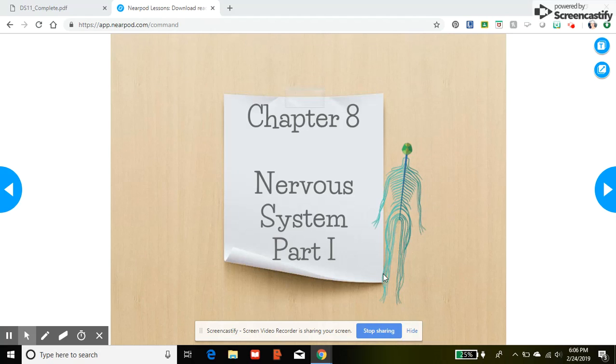Chapters 8 and 9 are both on the nervous system. Chapter 8 focuses more on the peripheral nerves and the basics of what a neuron is. So we'll be talking more about the overall nervous system, not necessarily the brain.